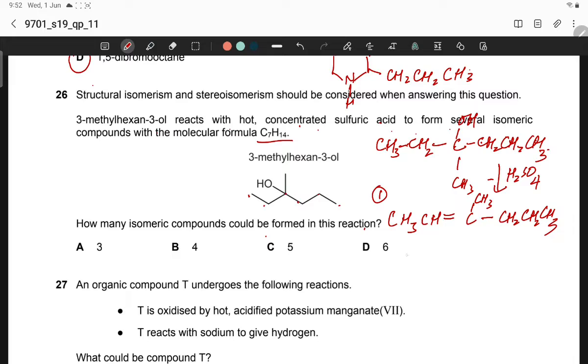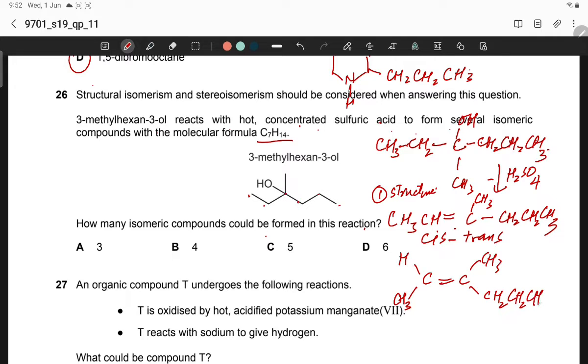This is one possibility, and this is one structural isomer. And cis trans also, cis trans isomer like this: CH3, CH3 CH2, CH2 CH3.